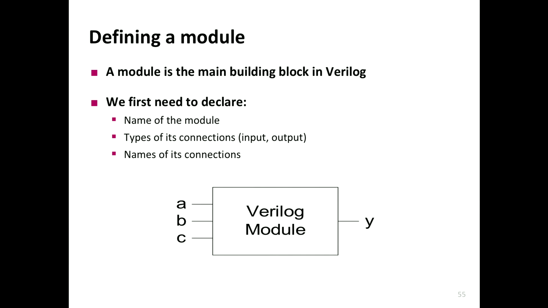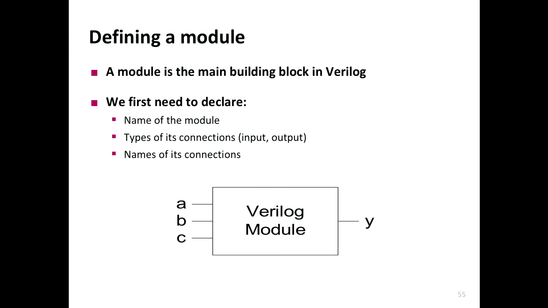If I show you a block like this, A, B, C, and Y, what do you get from this? What you need is a set of inputs, a set of outputs, in this case only one, and then a whole bunch of functionality that goes into the module itself.